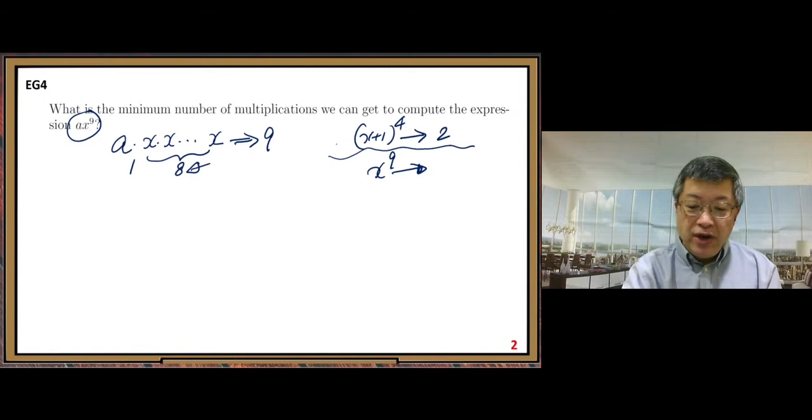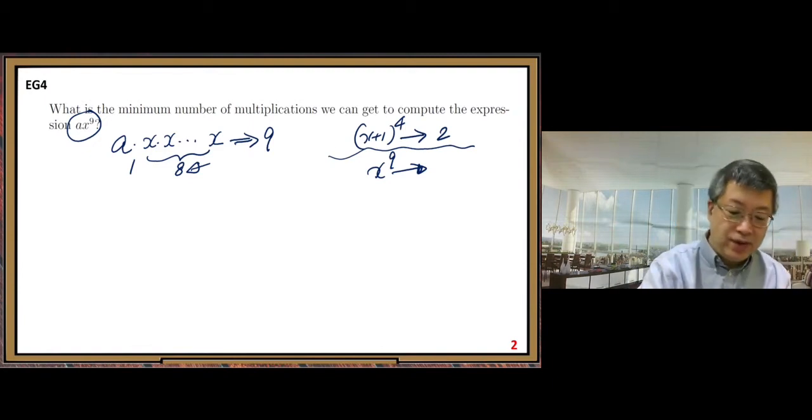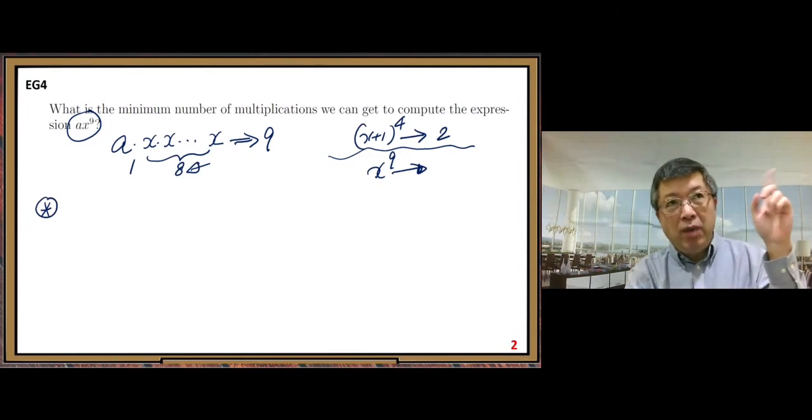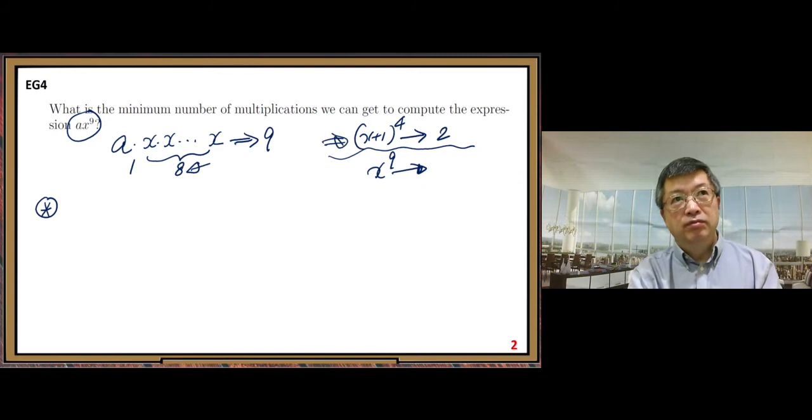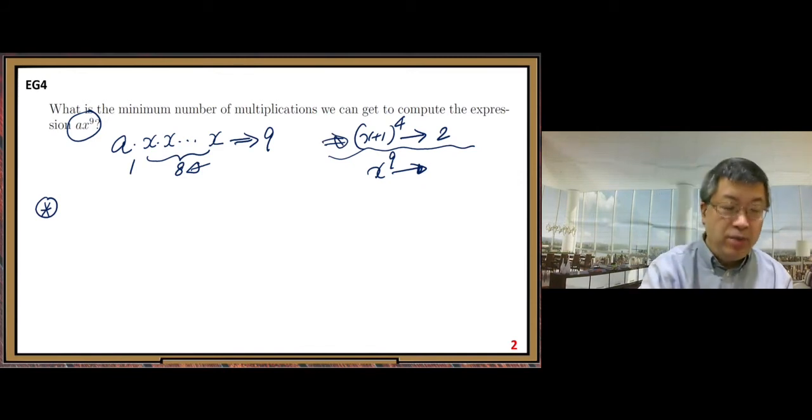The method we use here, there is a name for it. So here, let me give the technique that we applied on this example. That's called repeated squaring.